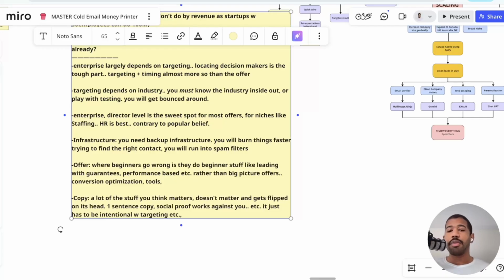But typically 1 to 2 sentence copy you can get away with, right? With not the best punctuation, all lowercase letters, just to make it seem like an internal email to Dave from finance. Like you're sending an email to Dave from finance as if you already know him. Think about it that way.